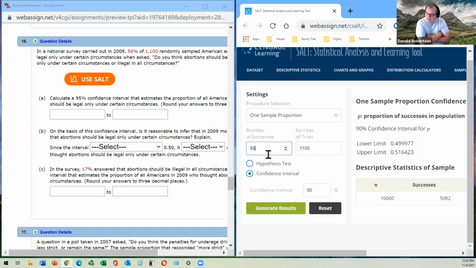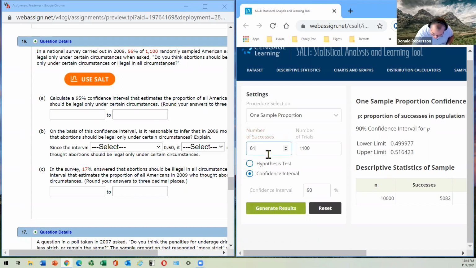How do I find the number of people from that 1,100 who are in favor? I know it's 56%, but how do I get the number of people? Would it be 0.56 times 1,100? Yep, that's what I'm doing right now. And that ends up being 616.